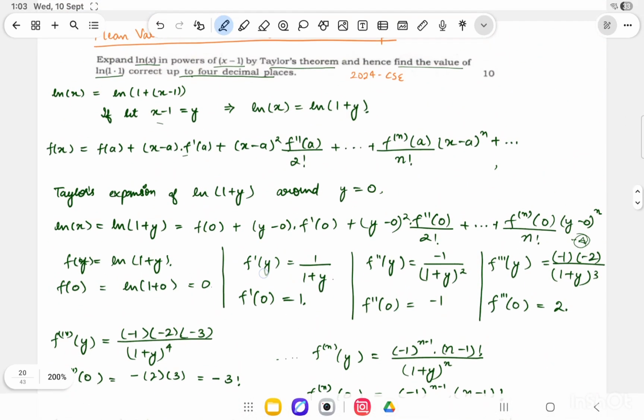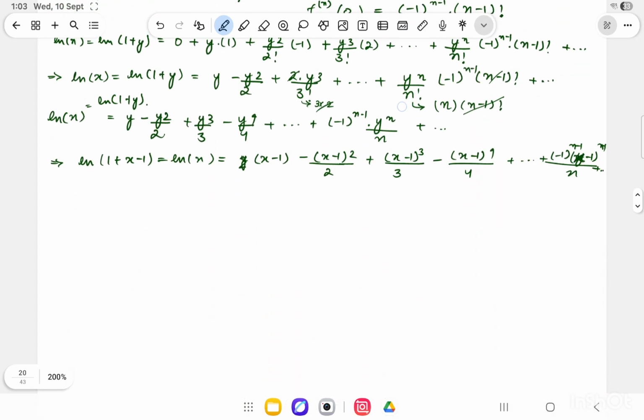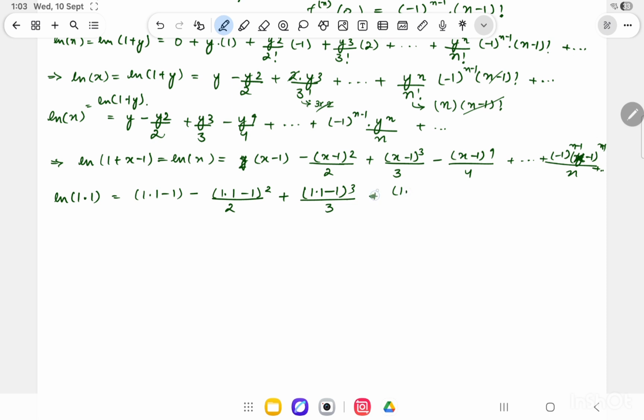And in the question further, we are supposed to find the value of ln 1.1. So ln 1.1 will be basically equal to (1.1 minus 1) minus (1.1 minus 1) squared by 2 plus (1.1 minus 1) cubed by 3 minus (1.1 minus 1) raised to 4 by 4, and so on.